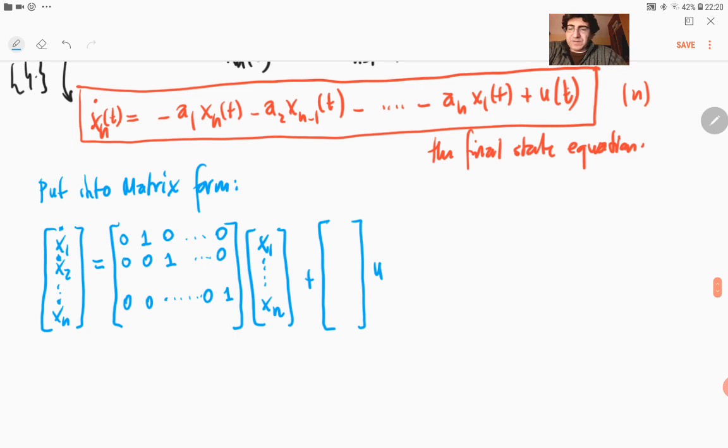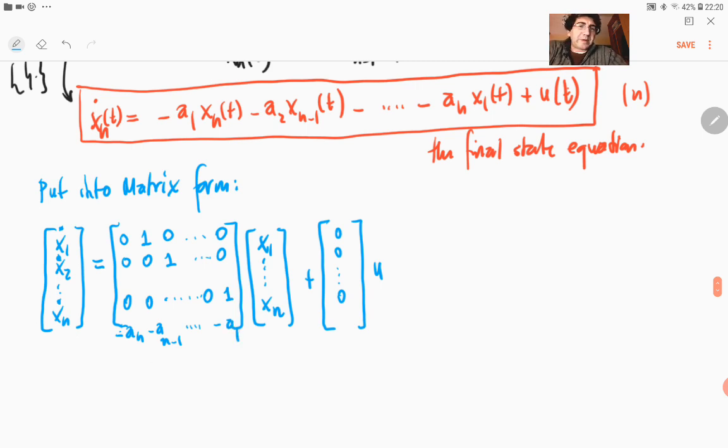And no input terms for none of these equations. And in the final row, I will have minus an times x1 of t. So minus an, minus an minus 1, and finally minus a1.